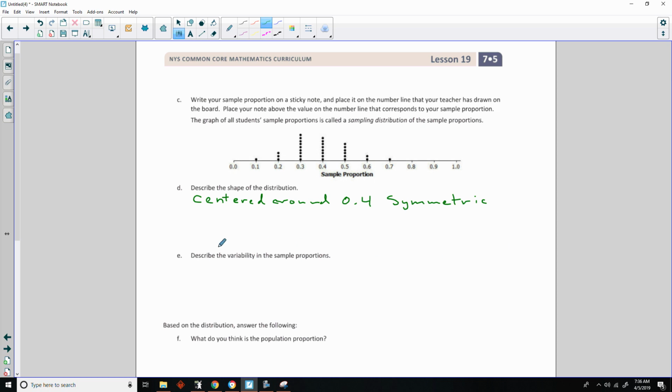Okay, describe the variability. So you would say the spread is from 0.1 to 0.7 with most of the data between 0.3 and 0.5.